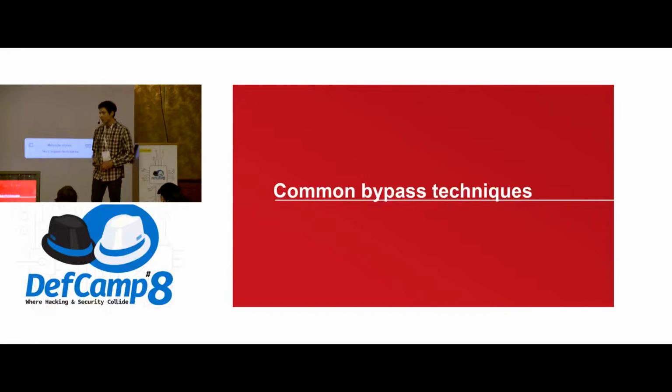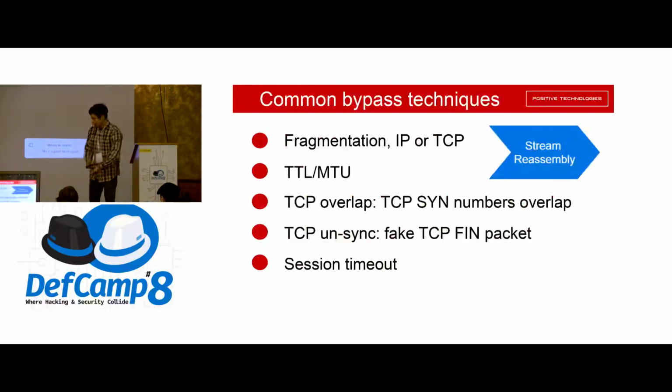Almost each stage has some known bypass vectors which allow IDS bypassing. On the stream reassembling stage, we can confuse some systems via unusual IP, TCP or even high-level protocol packet fragmentation, or maybe with the help of weird TTL or SEQ numbers.